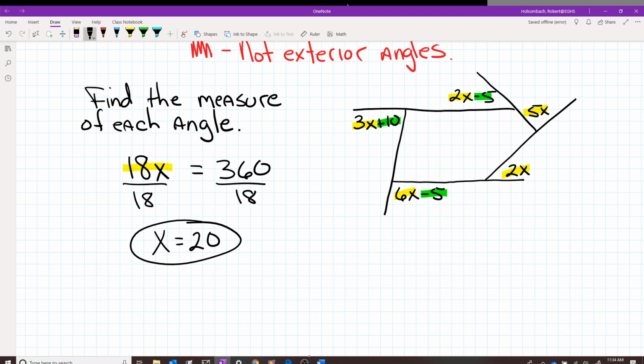But the question was to find the measure of each angle. So now you go back and substitute. I'm going to start with the 2x and go counterclockwise.